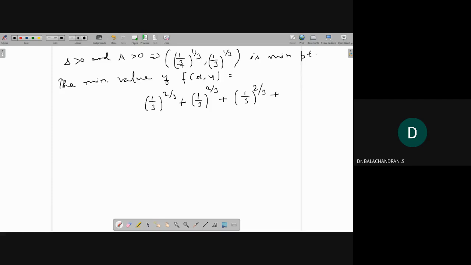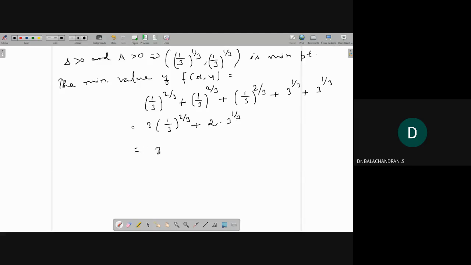This is x. So 1 by x is 3 power 1 by 3. Similarly, 1 by y is 3 power 1 by 3. This is x, this is y. So this is equal to 3 times (1/3)^(2/3) plus 2 times 3 power 1 by 3.